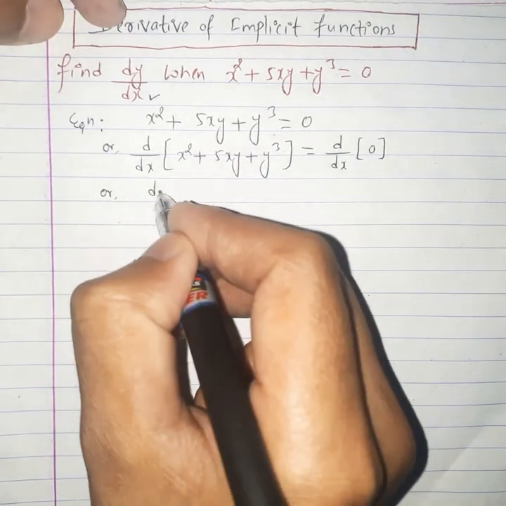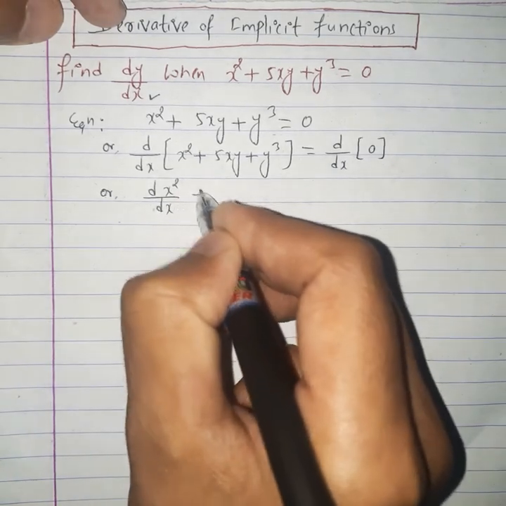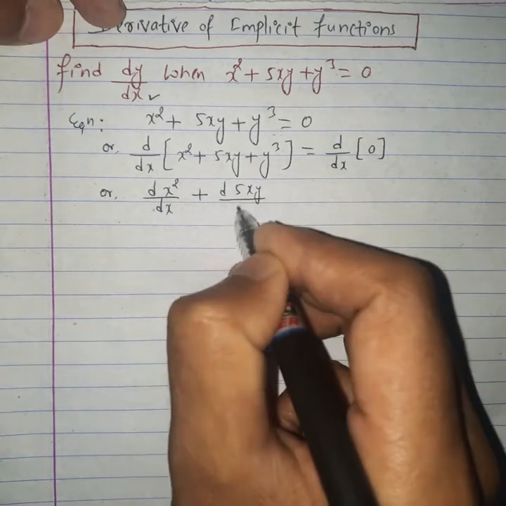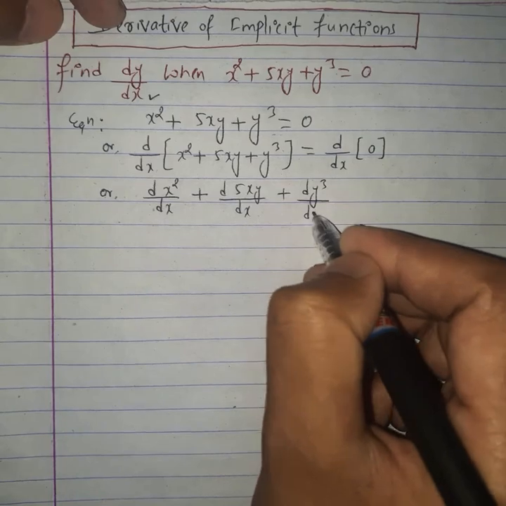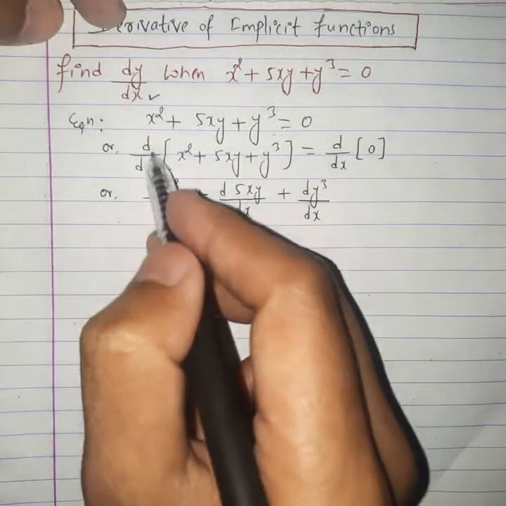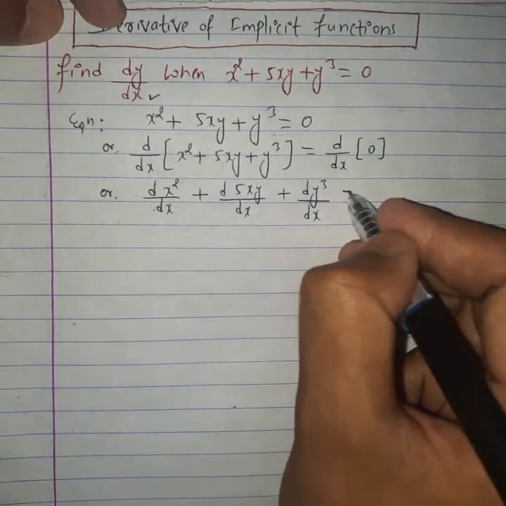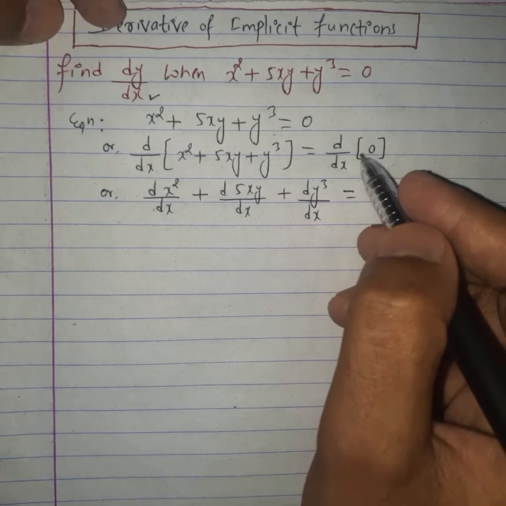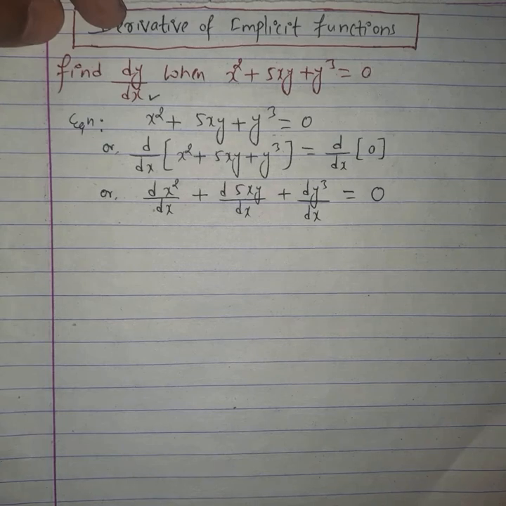This can be written as d of x square with respect to x plus the derivative of 5xy with respect to x plus the derivative of y cube with respect to x, is equal to the derivative of the constant number. Here 0 is a constant, so the derivative of a constant is always 0. Please memorize that the derivative of a constant is always 0.